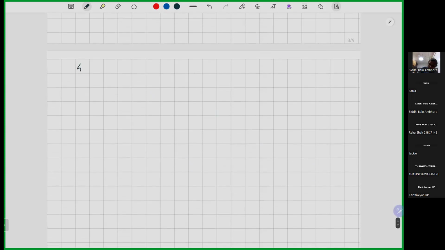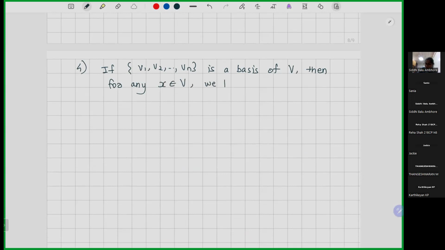Let's move to the next question. They are saying that if v1, v2, ..., vn is a basis of V, then for any x in V, we have x equal to the summation i from 1 to n of (x, vi) vi.